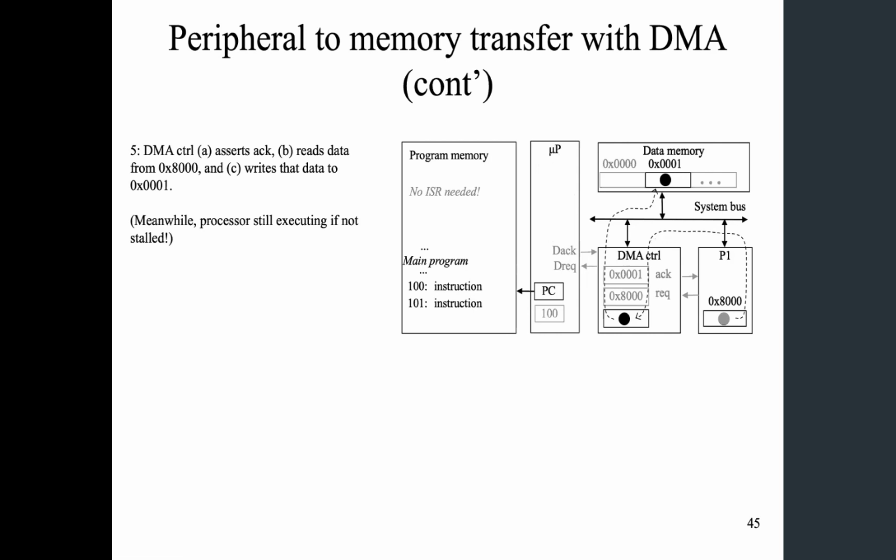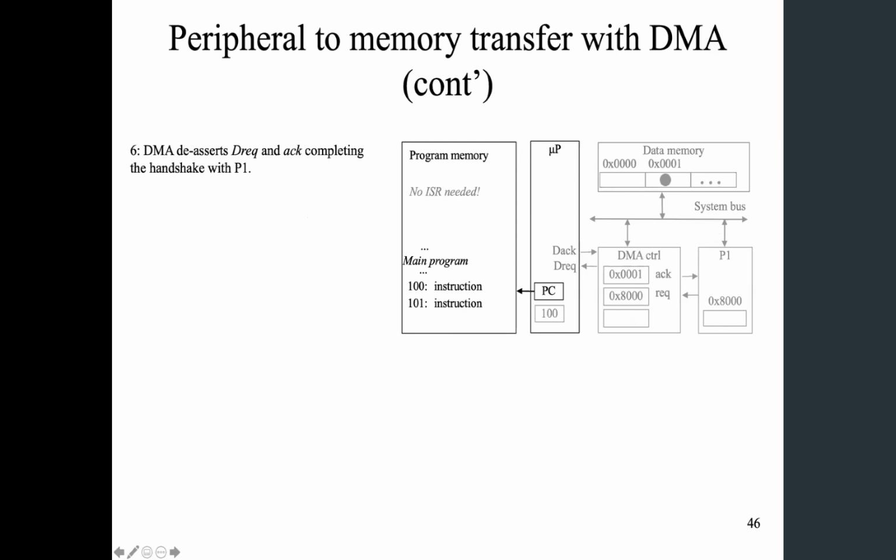And even better news, if we need to copy, instead of 1 byte, 1,000 bytes or 1,000,000 bytes, all this will be done by the DMA controller. So you have a counter here that will say, okay, copy the next 1,000 bytes. So we'll be copying the next 1,000 bytes and filling up these memory locations. And in that case, of course, you need to update these addresses by incrementing them, but that's a different story.